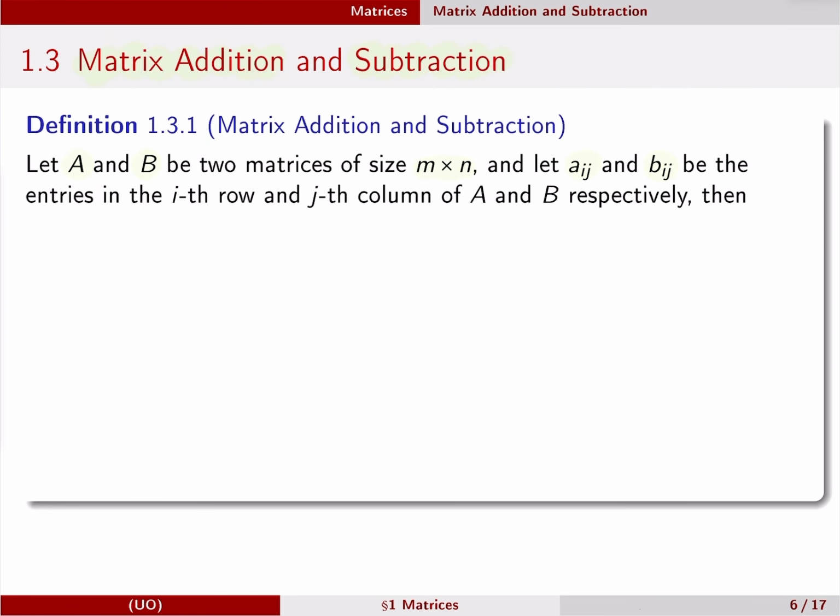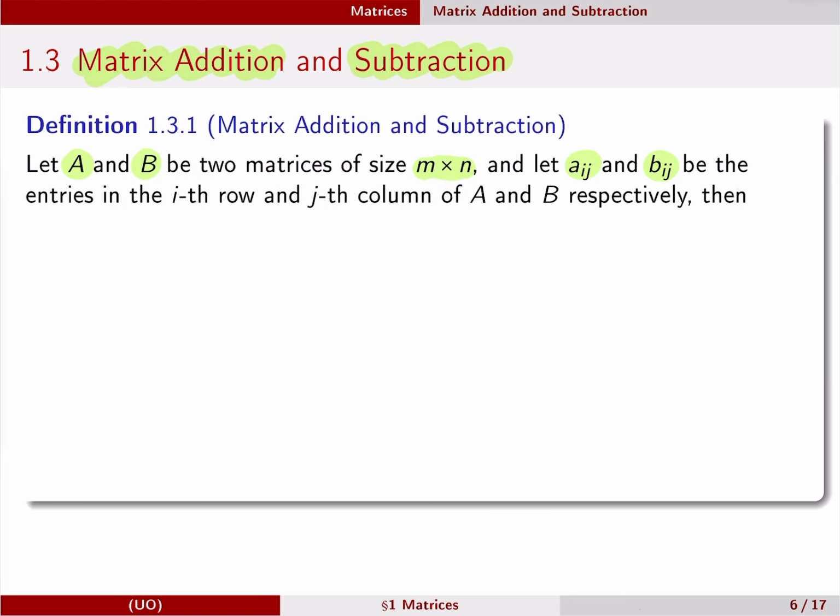All right, the next operations are addition and subtraction. So how do you add matrices together and how do you subtract matrices? Here's the definition. Suppose A and B are two matrices, and suppose that these matrices have the same size. So suppose they are m by n matrices. And let's say that a_ij are the entries of matrix A and b_ij are the entries of matrix B. Remember the notation for a_ij: it means the entry on the ith row, jth column, and same thing for b_ij.